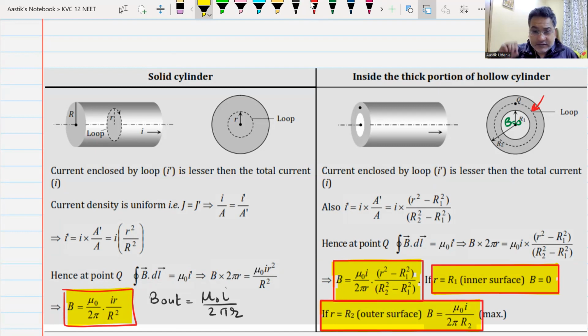And if the point is outside, not on the surface but outside, the magnetic field is mu naught I by 2 pi small r, where small r is the distance from the axis of the cylinder. Do we understand this? I'll give you a minute to note it down.